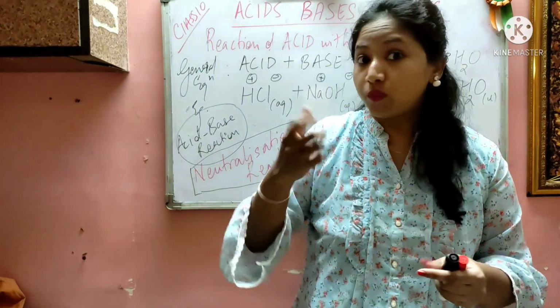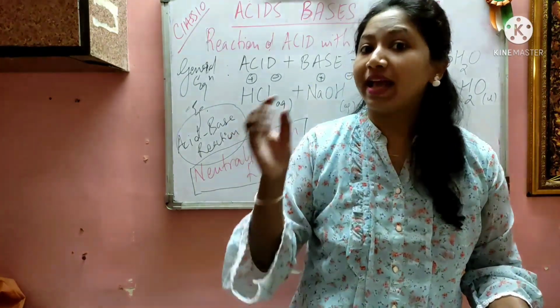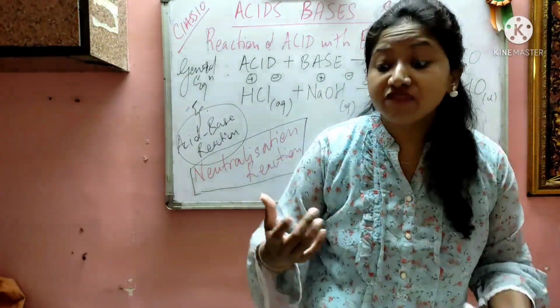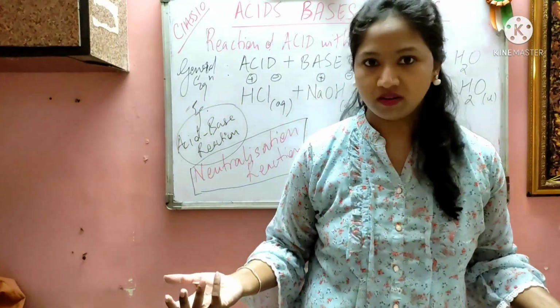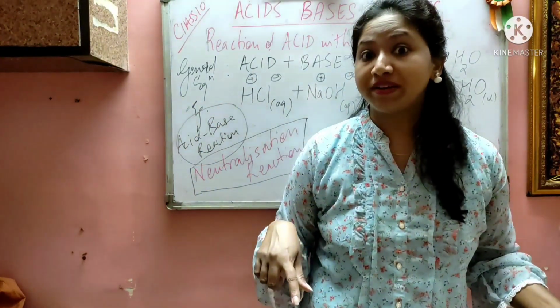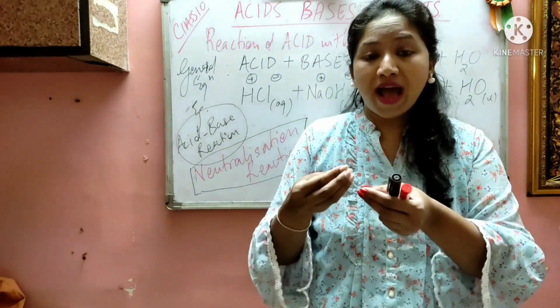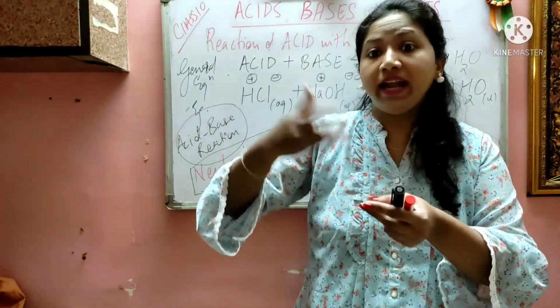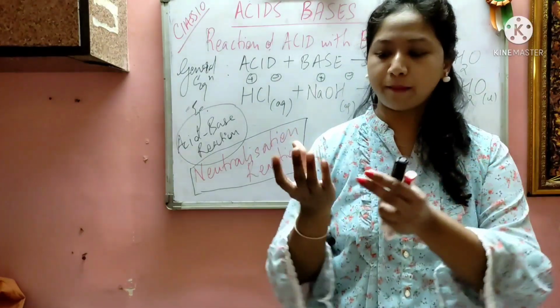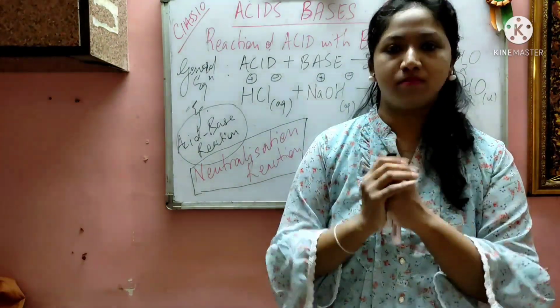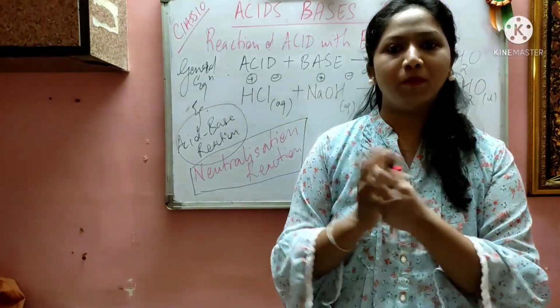Why does it become warm? Because the reaction is exothermic. What is an exothermic reaction? An exothermic reaction is a reaction where heat is given out. In this reaction the heat is given out, hence your test tube becomes warm.